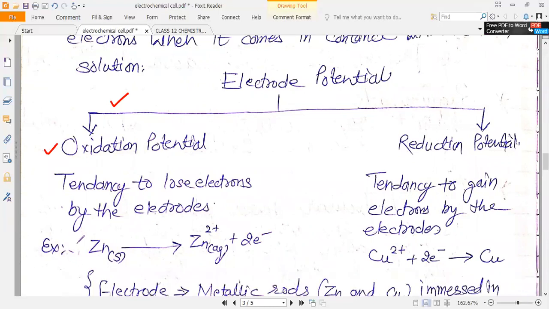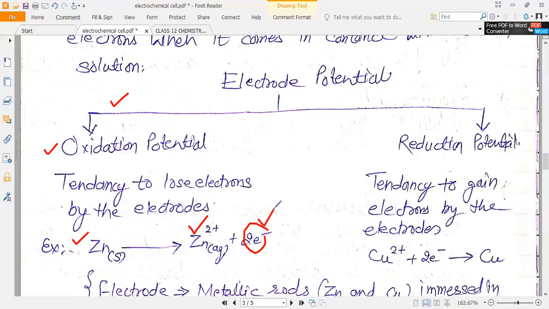For example, in an electrochemical cell, on the left-hand side we see zinc in solid form as a rod. Zinc atoms lose two electrons on the zinc rod and are converted into Zn2+, releasing 2 electrons.